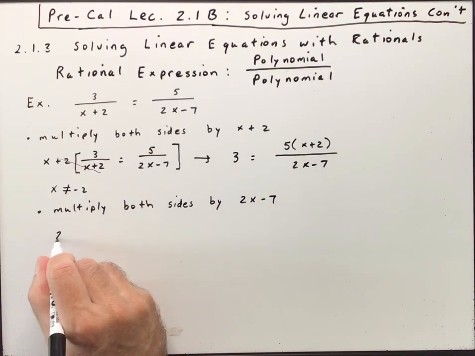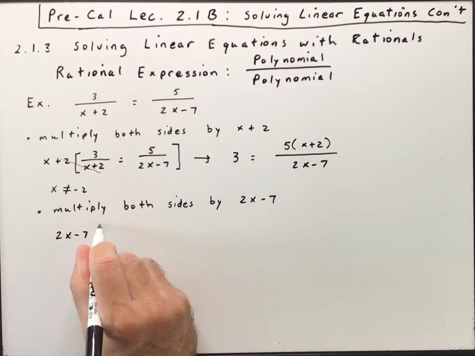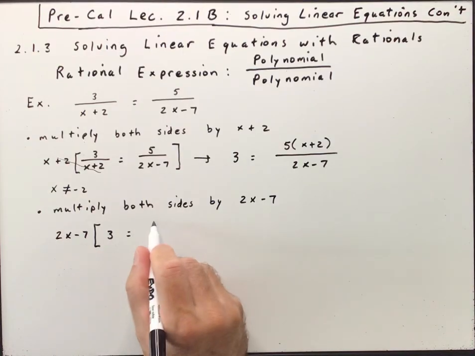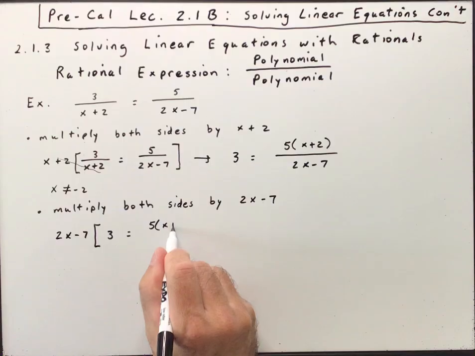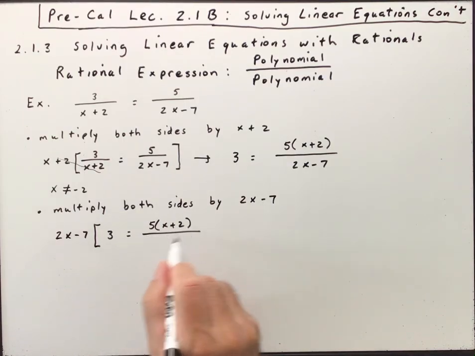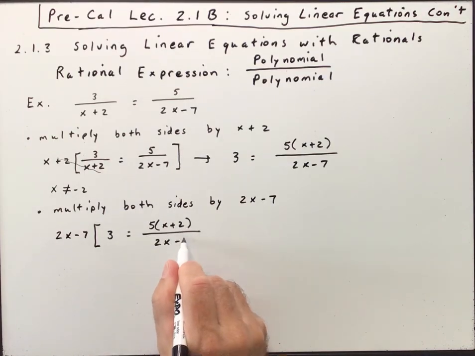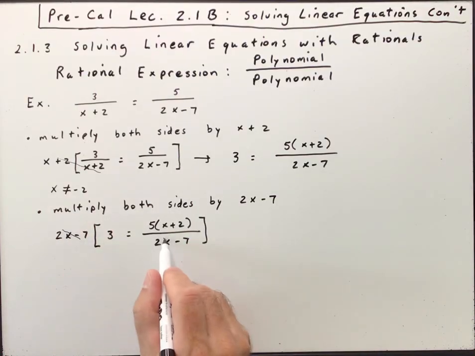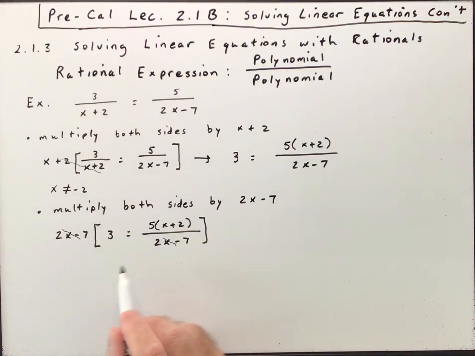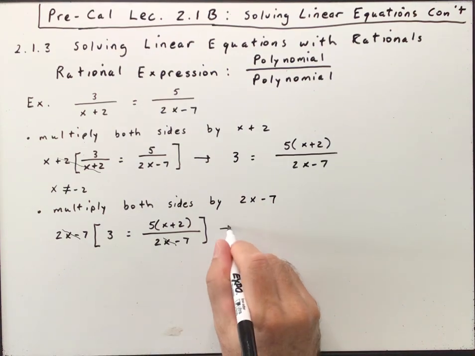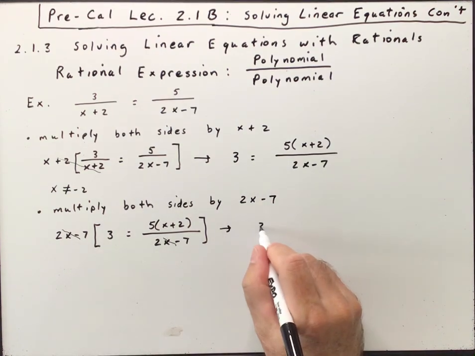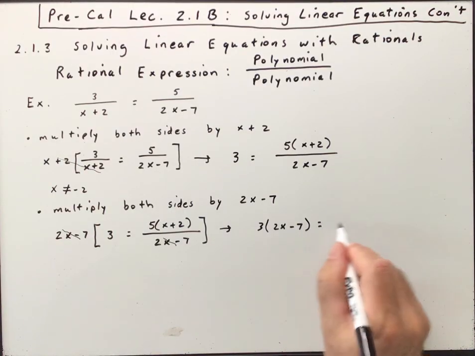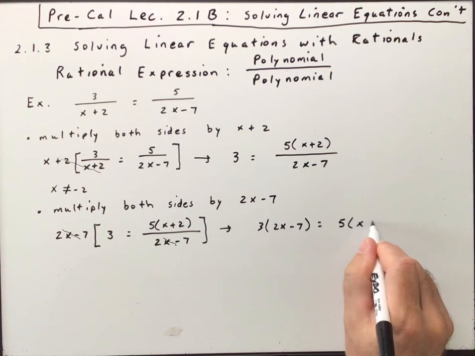All right, so we'd have 2x minus 7 out front, multiplied by 3 is equal to 5 times x plus 2 over 2x minus 7. So this time the 2x minus 7 and 2x minus 7 on the right, they cancel out. And then the resulting equation would be 3 times 2x minus 7 is equal to 5 times x plus 2.